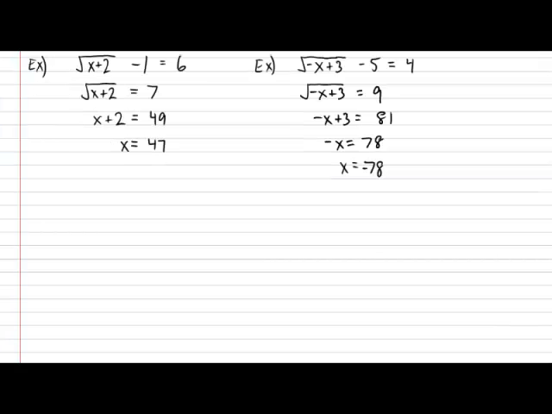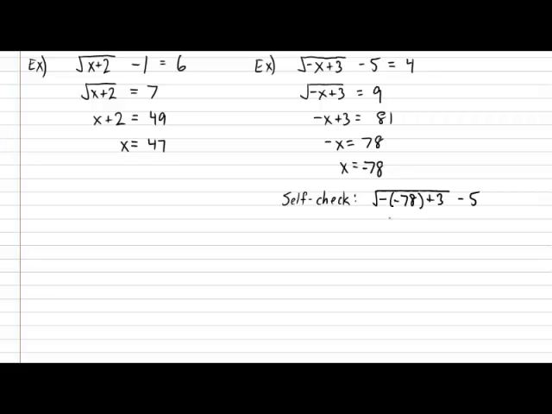Before we continue, I would like to perform a little self-check to see that negative 78 is the correct answer. So let's plug it back in. So if we have the square root of negative 78, and then plus 3, and then subtract 5. Hopefully everything will give us 4.